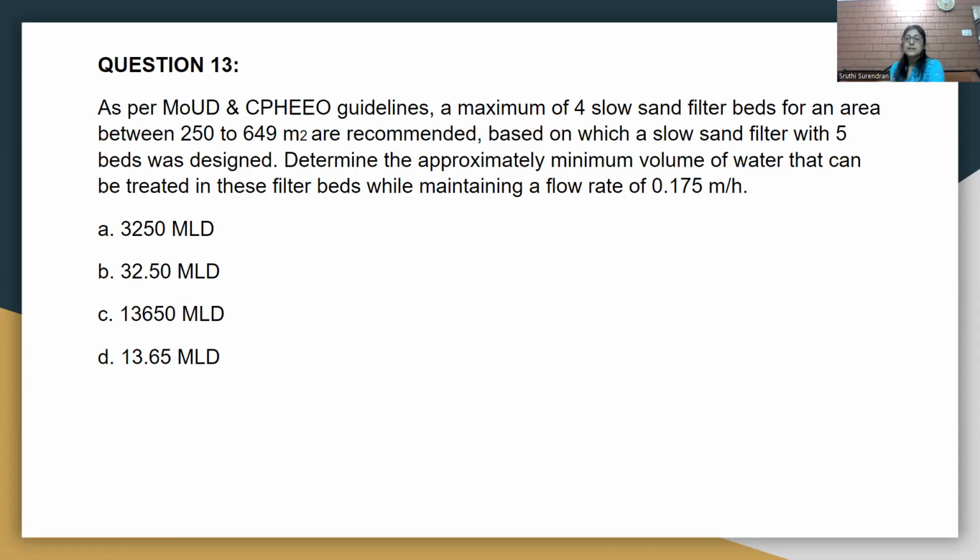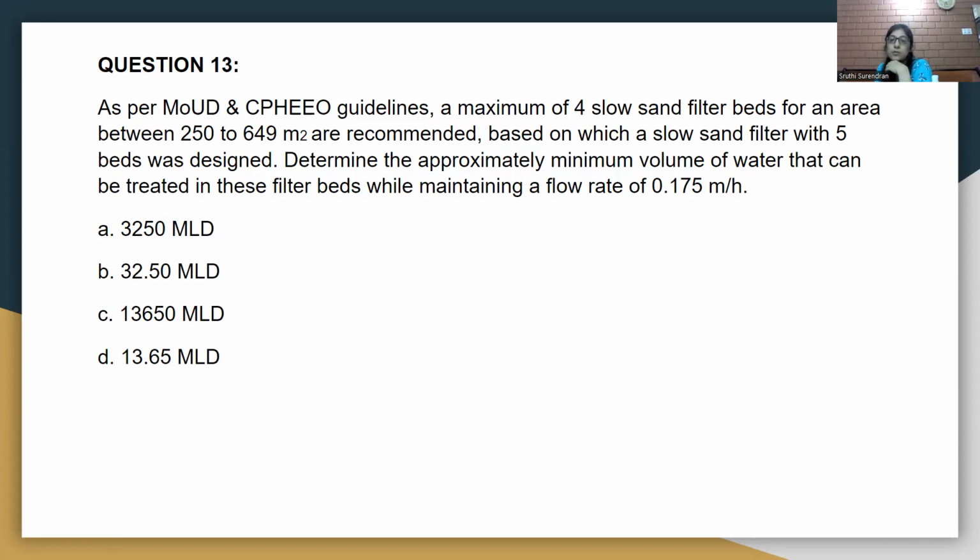So as per certain design criteria, we have a recommendation of 4 slow sand filter beds for an area of 250 to 649 meters square. So within this area, we can provide 4 slow sand filter beds. And 5 beds were designed based on this. What is the volume of water that can be treated in these filter beds is the question.